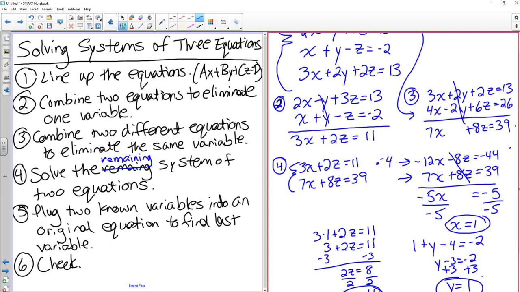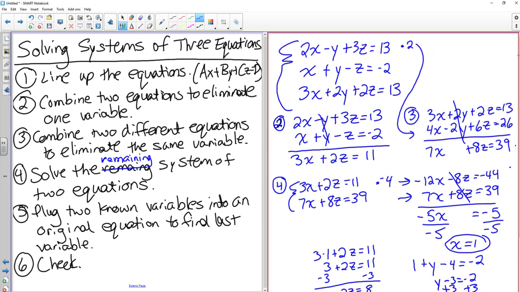So I'm just going to talk through a check real quick. If you could take your time and write it out. Maybe I'll show a little work over to the side here. So my check. 2 times 1 is 2, minus 1, plus 3 times 4 is 12. So that's 1 plus 12, yep, that's 13.